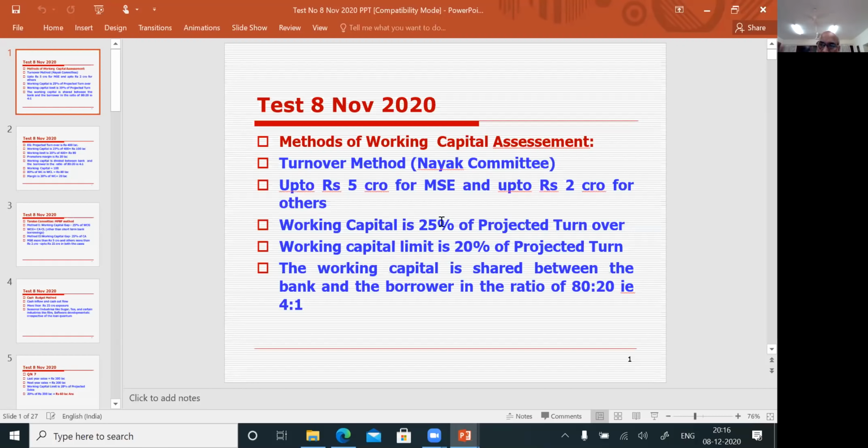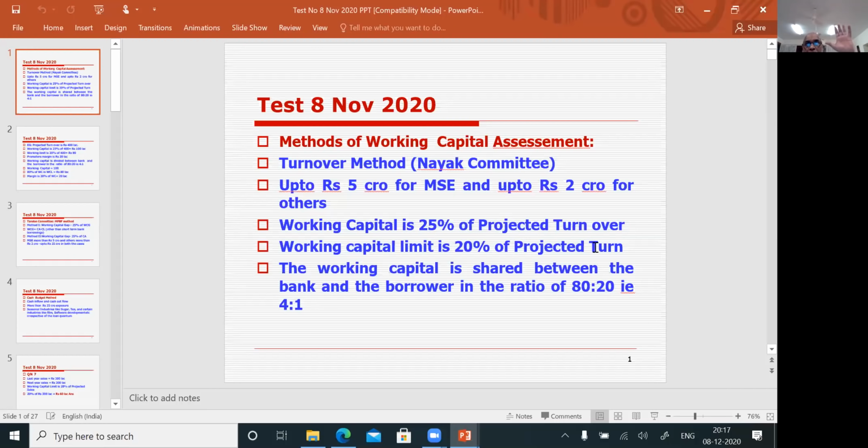Working capital, as per the Nayak committee method, working capital, not working capital limit. As per the Nayak committee recommendation, the working capital is 25% of the projected turnover. Working capital limit is 20% of the projected turnover. These two things to keep in mind.